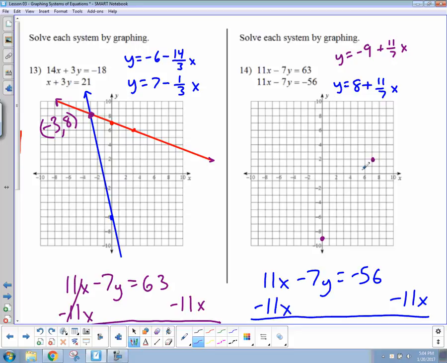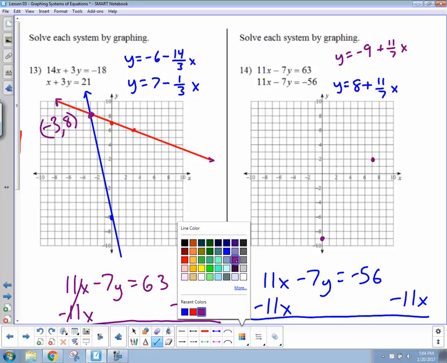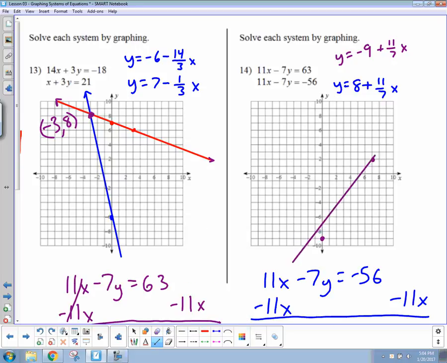Again, draw your line. Let's see, this is purplish. I guess it's this purple. And naturally, I'm a little crooked, so let me fix it. There we go. Boom, there we go.